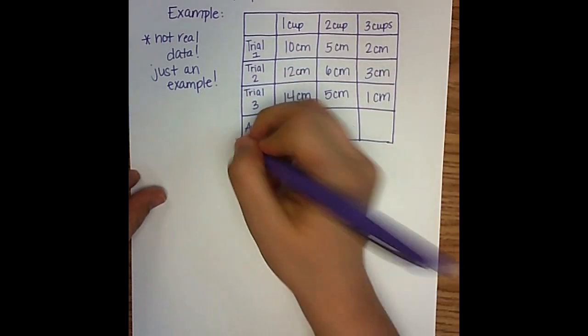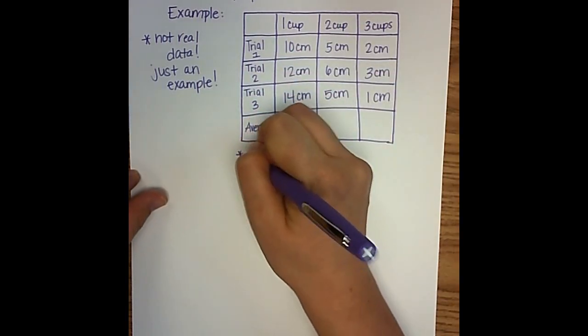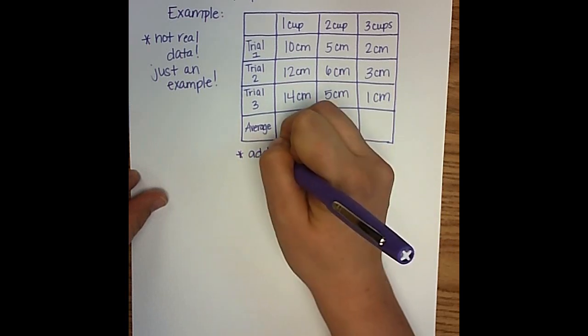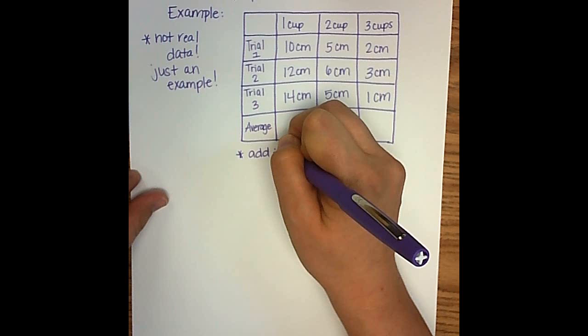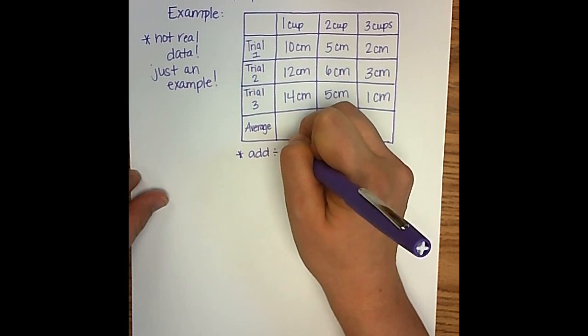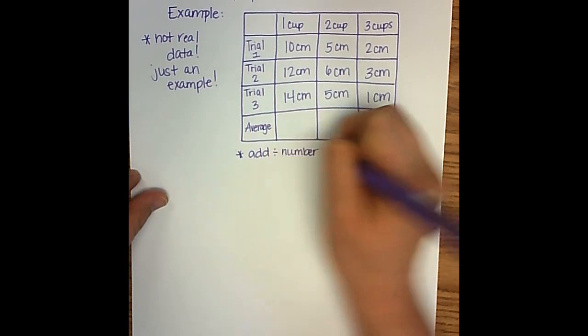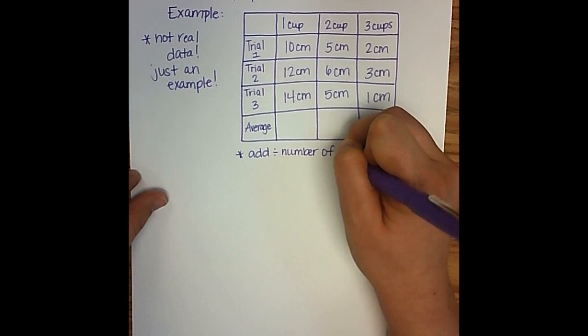To find the average, you add up, then divide by the number of trials.